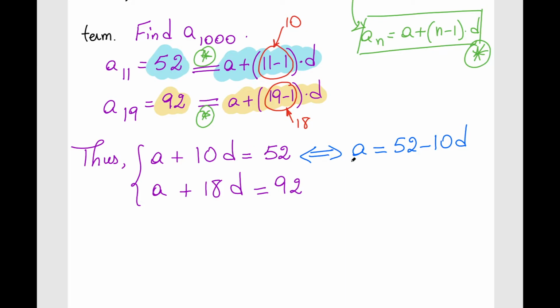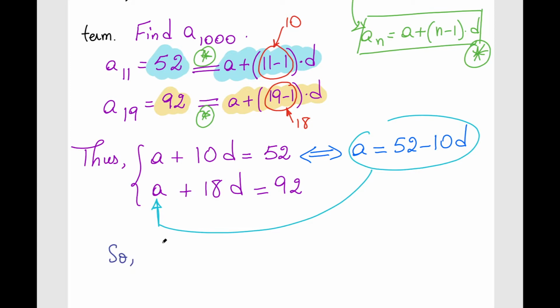Now that's the same a, so you can take that expression in terms of d, replace it here, and get an equation just in d, which is easy to solve. The second equation becomes an equation in one variable, which is d.